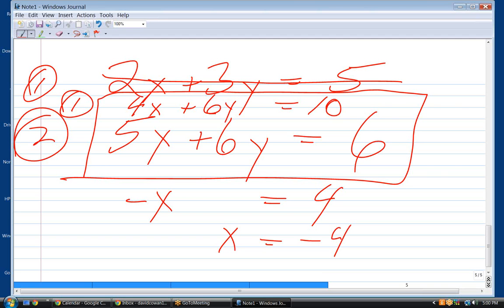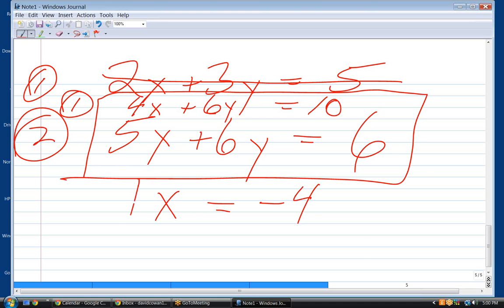Okay? So that's fine. Just make sure that if you're going to solve these by subtraction, you know which way you're going. In other words, I could have subtracted 2 from 1. I mean 1 from 2, rather. Notice that if I subtract 1 from 2 instead of 2 from 1, I get x equals minus 4 in one step.